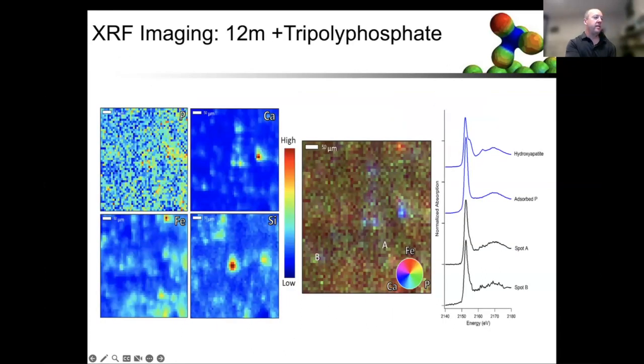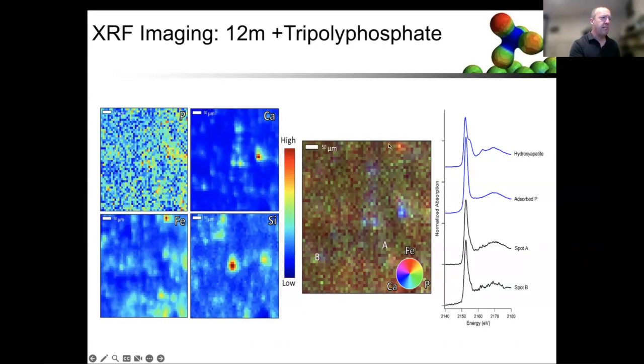So then if we do mapping of the elemental distributions of the samples, you could see these hot spots of calcium. You could see areas where there's silica and iron, but the phosphorus is actually fairly evenly distributed through the whole sample. And that would be consistent if adsorption is the dominant mechanism.